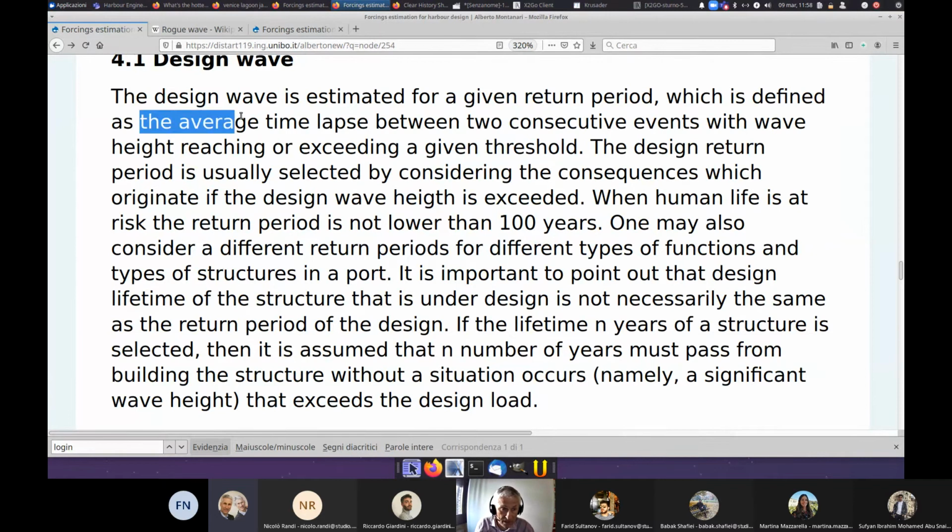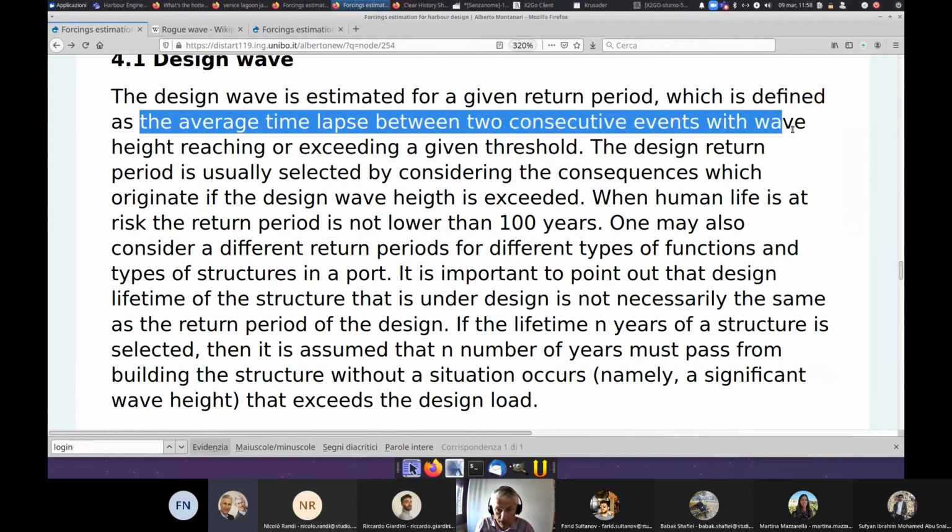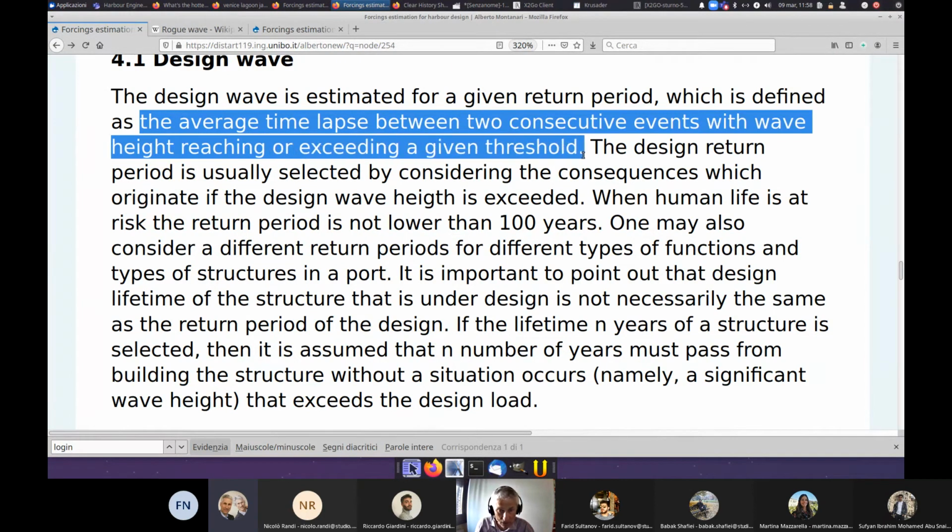It is the average time lapse between two consecutive events with wave height reaching or exceeding a given threshold. So we are talking about wave height here. So again, the return period is defined as the average time lapse, or you may say the average time interval, between two consecutive events with wave height reaching or exceeding a given threshold.